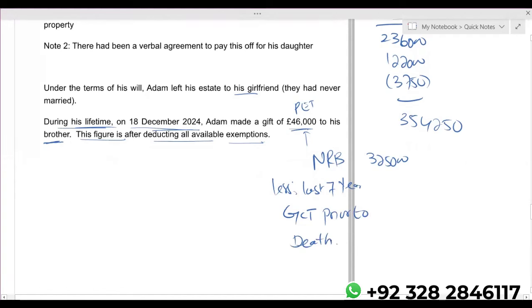As I just mentioned, on the death of Adam, this 46,000 becomes chargeable. So this 46,000 will utilize your nil band if Adam is dead on January 25. So 3,25,000 minus 46,000, I'll get 2,79,000.